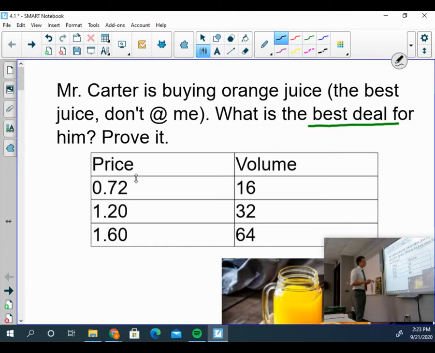So how could we have solved this? Well, we have our prices here, but the volume is also changing. What I want to do here is break it down so that the volume's all the same, and I can figure out what I'm paying for per volume.